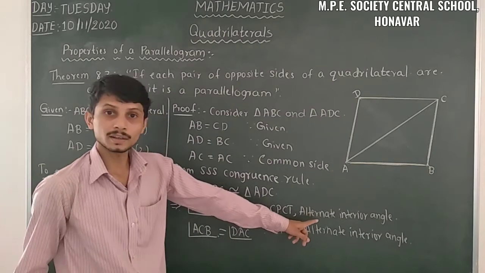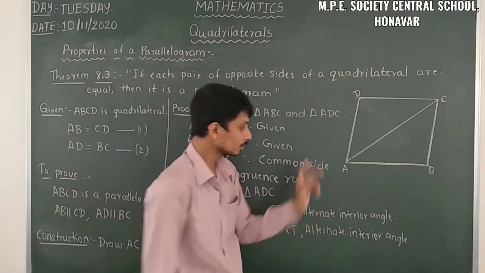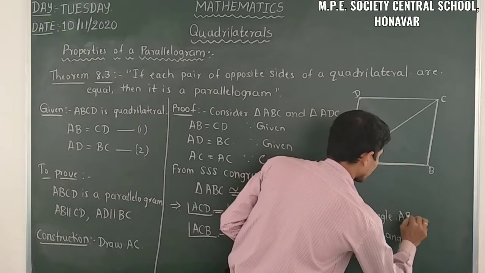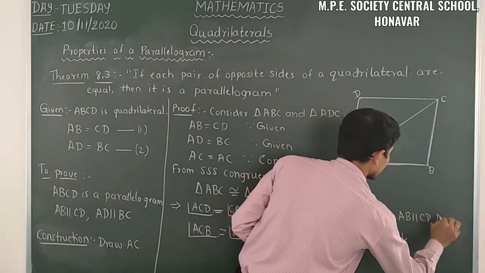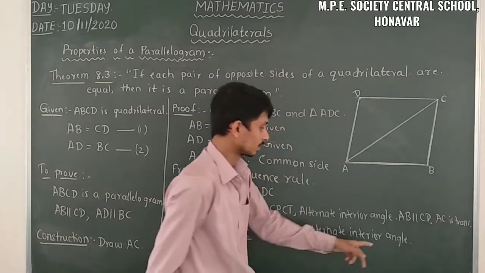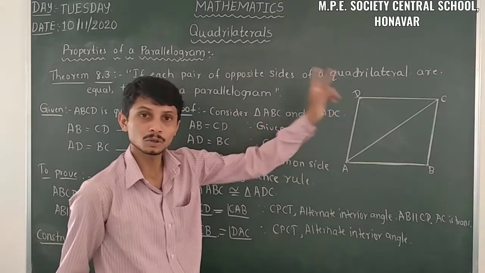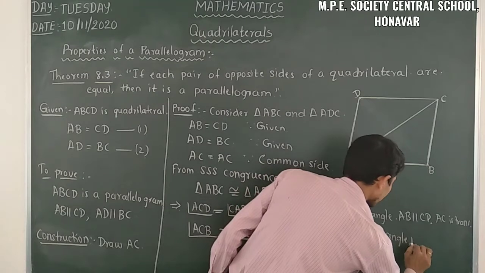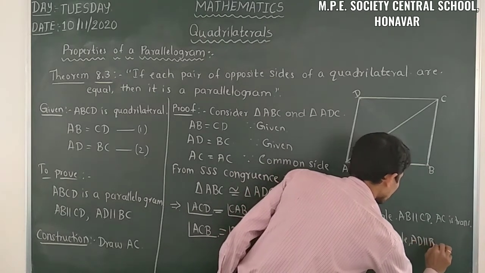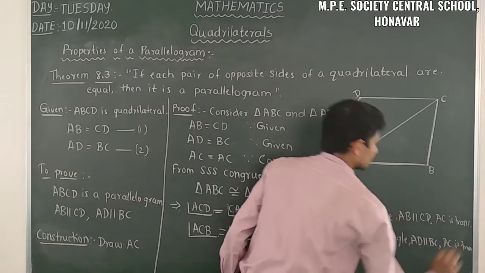So here alternate interior angle is possible when AB is parallel to CD, AC is a transversal. Then here alternate interior angle is possible when AD is parallel to BC, and AC is a transversal.